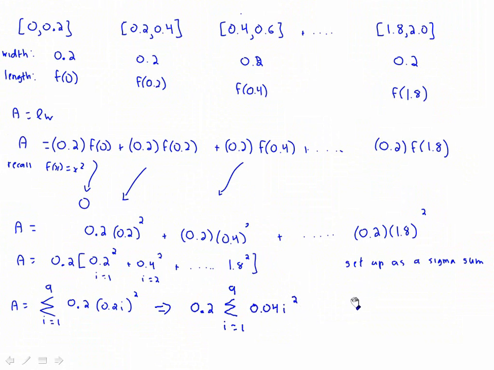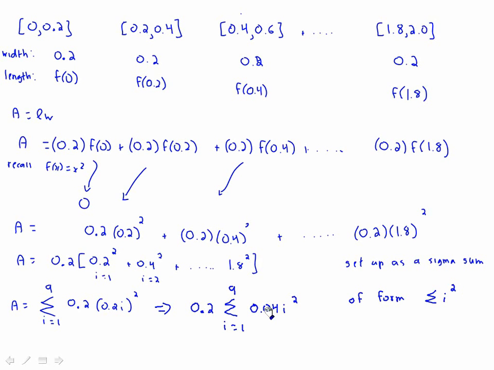And this is of the form sigma I squared. So according to the formulas we worked out previously for sigma notation, we can simplify it. And in fact, we can go one step further with this.